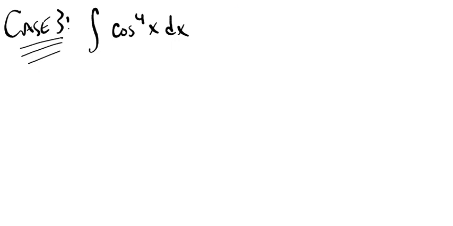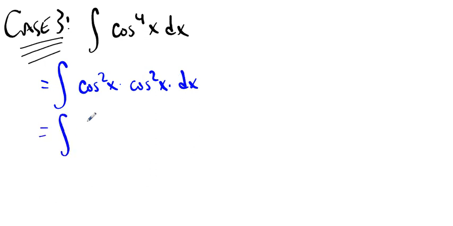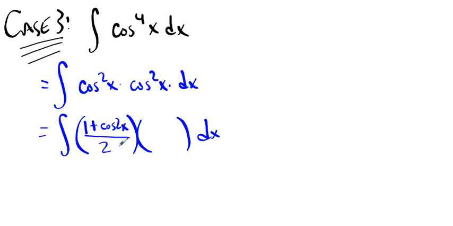And the best way I can think of to go at this is to recognize that this is cosine squared x times cosine squared x dx. And each time we can use a double angle formula. Cosine squared x is 1 plus the cosine of the double angle over 2.